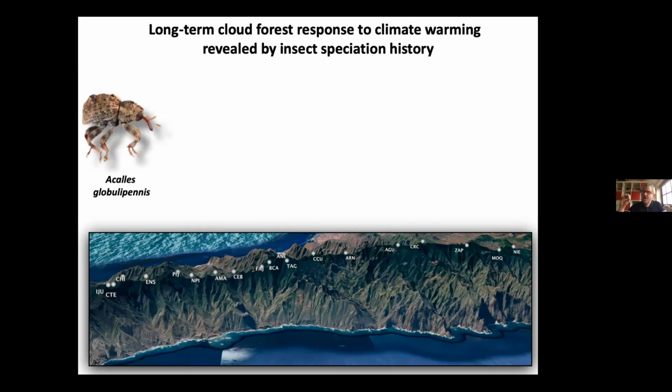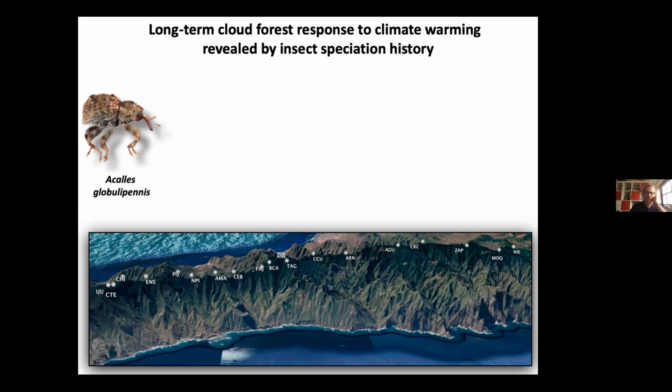So we can now go to an even finer scale within a species to test between these two competing climate models, to really understand not just what's driving divergence within these species, but how the cloud forest ecosystem itself is regulated by regional climate and how it's expected to change with climate warming.